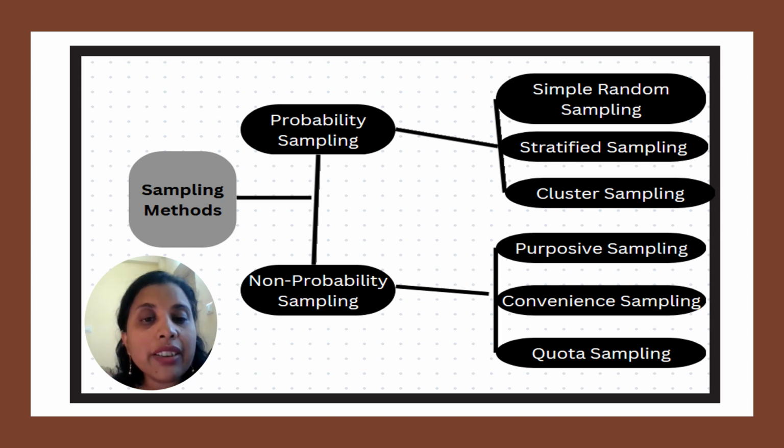Now stratified sampling means you go by some strata and select the people. Say, for example, with the same example of tourism and hospitality professionals, you go with the stratum of professionals at the top level, who are decision makers and managers, and you select only these people in your study.